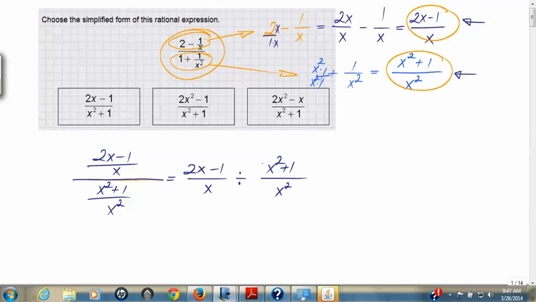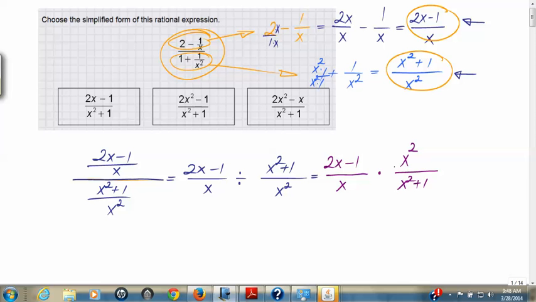Do you guys remember, when you divide two fractions, you skip the first one, which means you rewrite the first fraction the way it is, 2x minus 1 over x, and you multiply it by the reciprocal of the second one, which is x squared over x squared plus 1. The reciprocal of any fraction is the upside down of the given fraction. You just flip it.